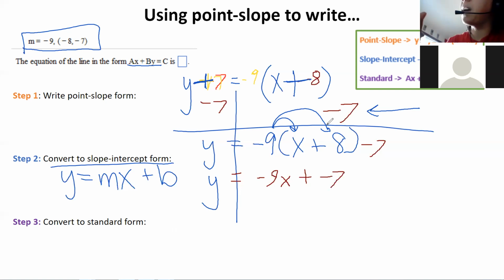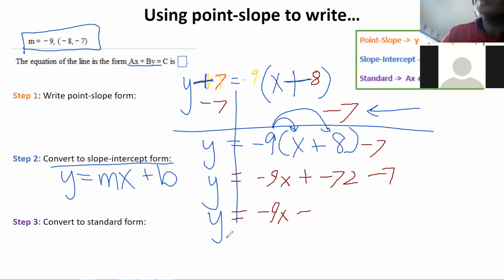Very good. Yep, this person is distributing by multiplying that number in front of the parentheses. The -7 is at the end. That's good. Then we simplify a little bit further, and we're going to put our y-intercept.